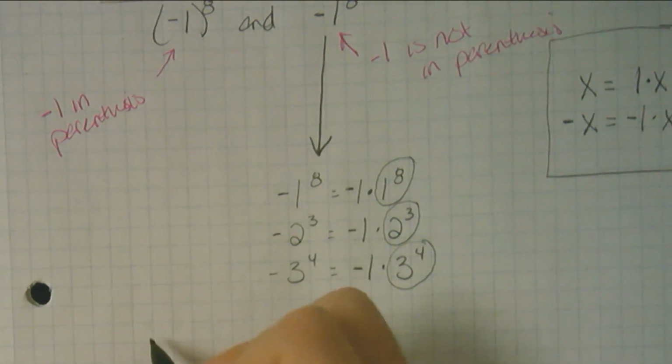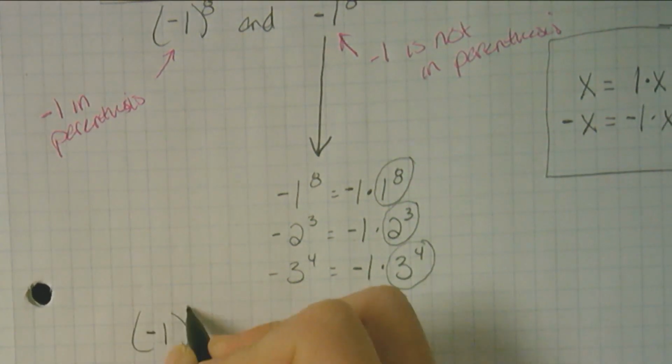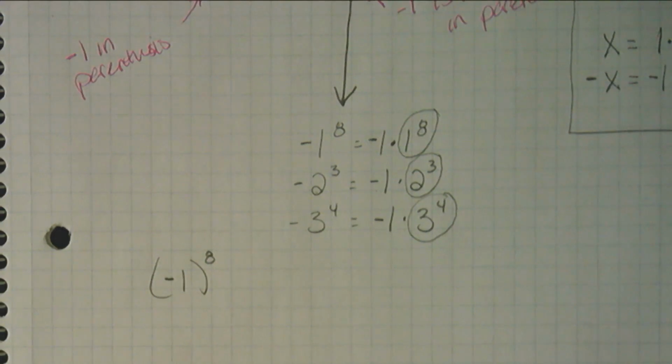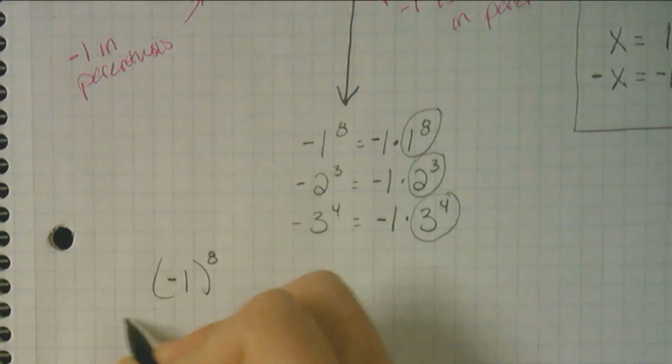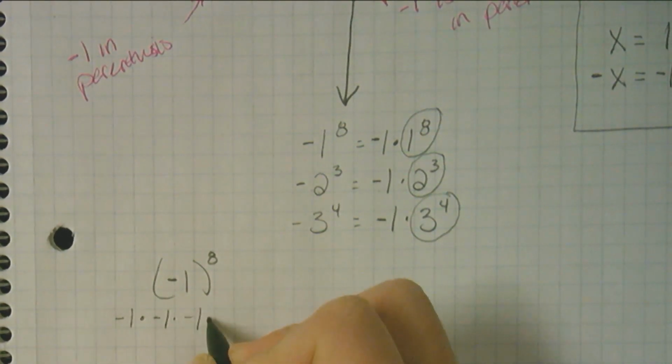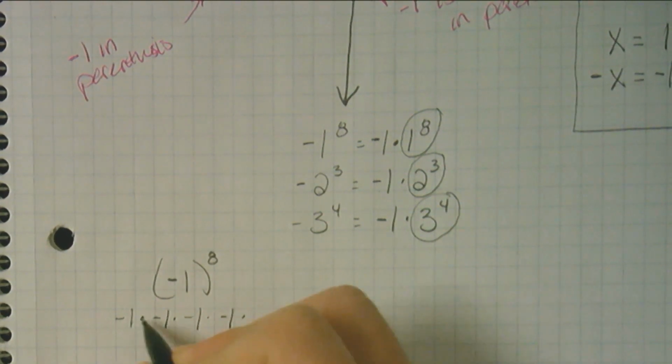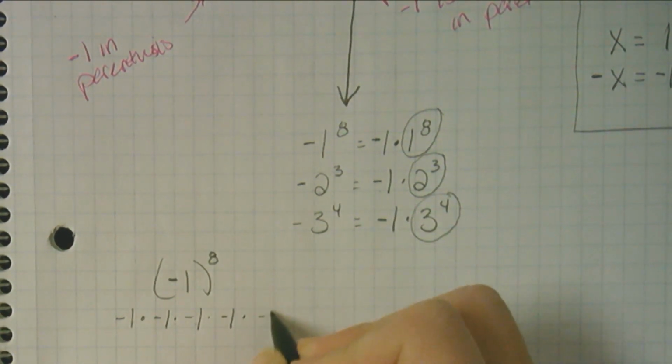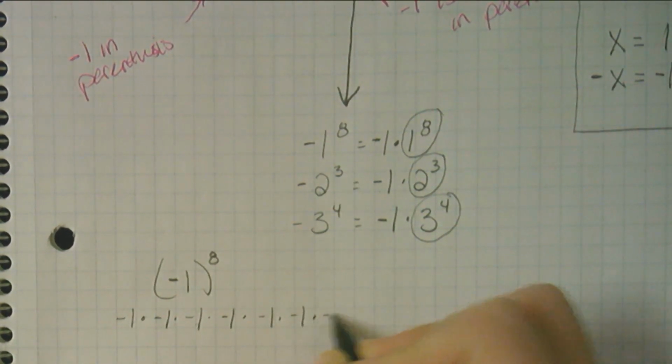Alright, so if I compare these, negative 1 in parentheses to the 8th power. This means negative 1 times negative 1, 8 times. 1, 2, 3, 4, 5, 6, 7, 8.